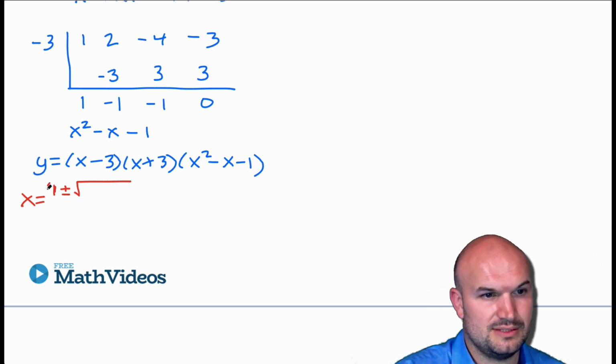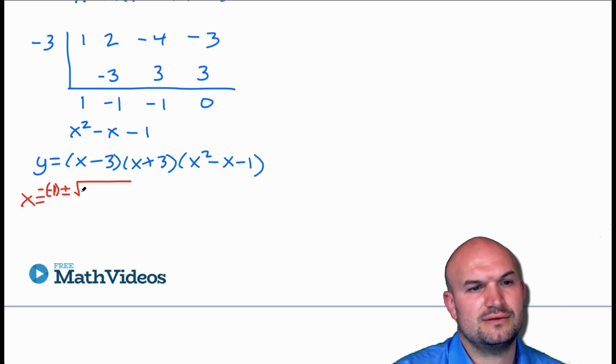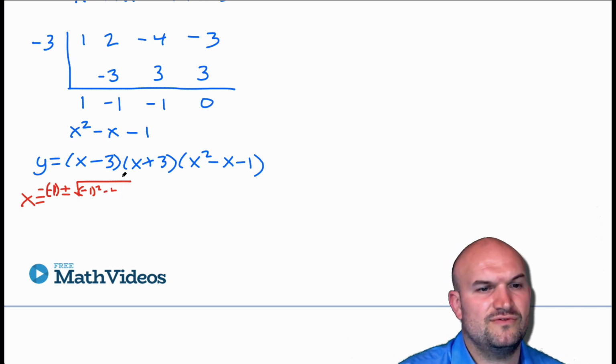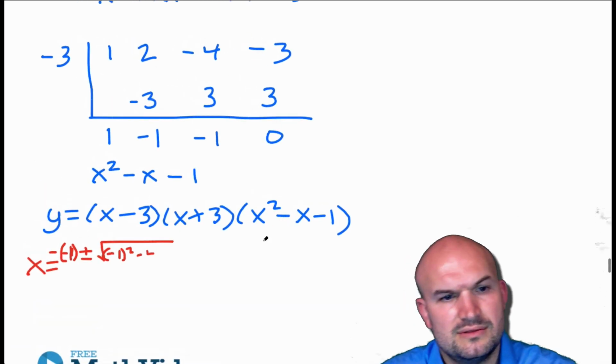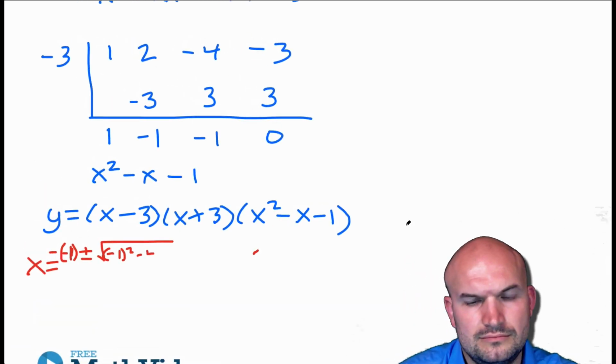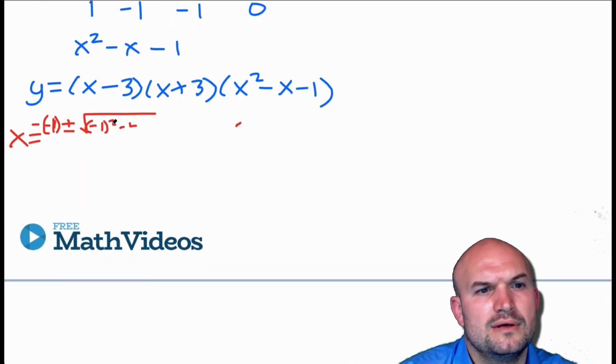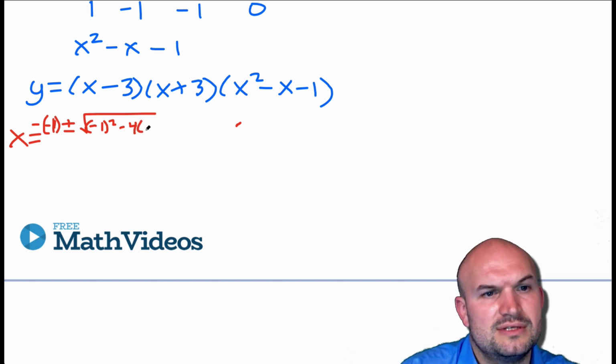So opposite of -1 plus or minus -1 squared minus 4 times, let's zoom in here, minus 4 times a, which is 1, times c. I'm going to do a lot of math in my head for this. Divided by 2 times a, all over 2 times a.